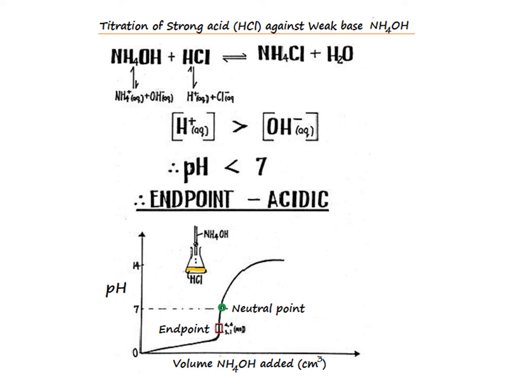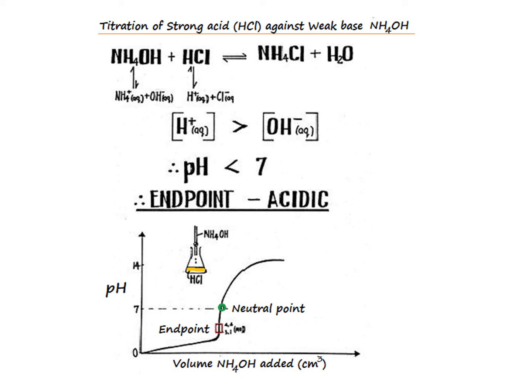So you will write down the equation NH4OH plus HCl. Please place a double arrow because it's a reversible reaction. That will form ammonium chloride NH4Cl plus water H2O.